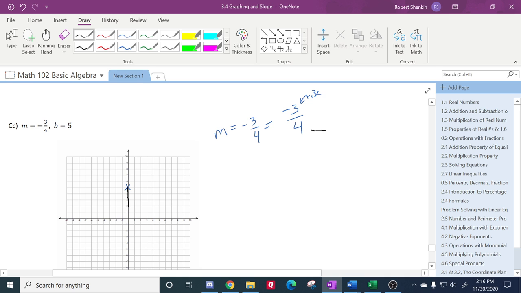And this is the run. +4. So I get to my second point, and then I connect these 2 points with a line. That's the equation of the line. And negative slope is going downhill from left to right.